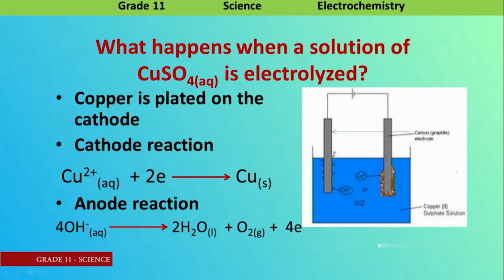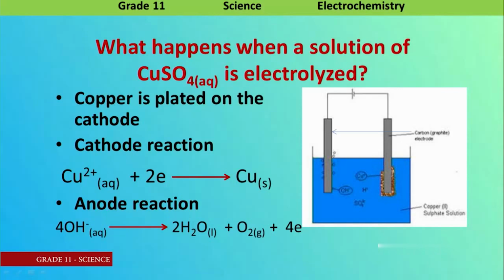Then what happens at the cathode? Copper ions available in the solution are attracted towards the cathode and receive electrons from the cathode and become copper metal atoms.